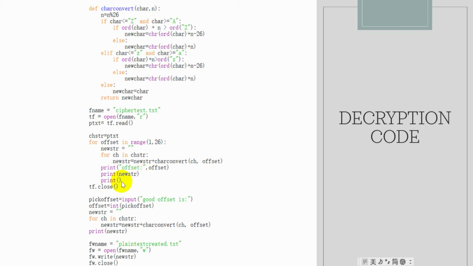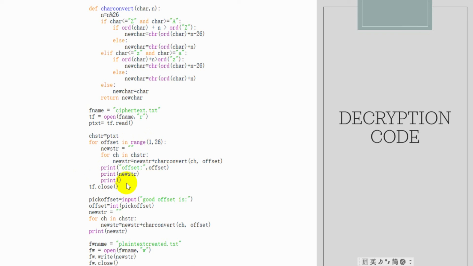Then we print something empty, which is just changing the line or skipping the line. After we print this, we go back to the front of the loop and it turns into 2. So it's going to encrypt the ciphertext again with the offset of 2. And this process repeats until it reaches 25.